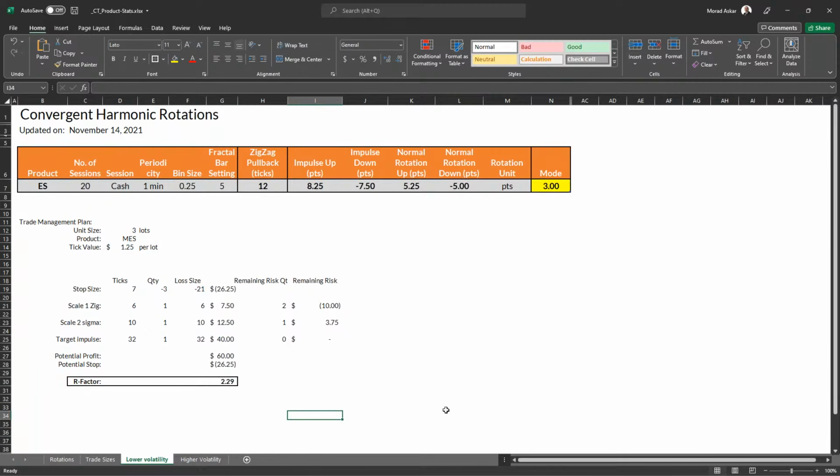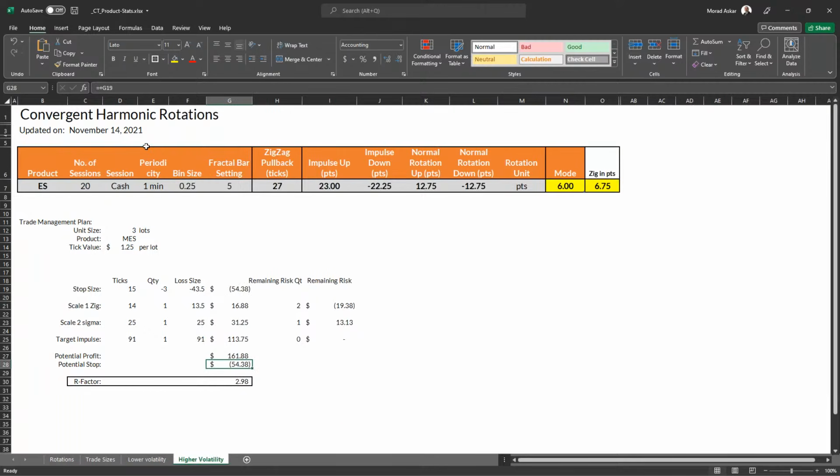So my risk factor is 2 to 1, 2.29 to 1. For every winning trade, I can stand 2 losses. And because the outcomes are random, I don't know when that's going to happen. Now that's under relatively high volatility conditions, which was November of 2021.